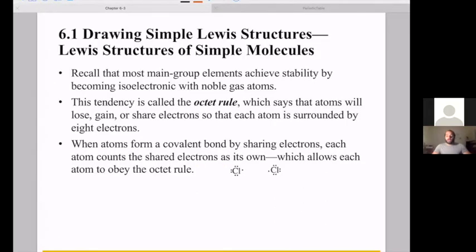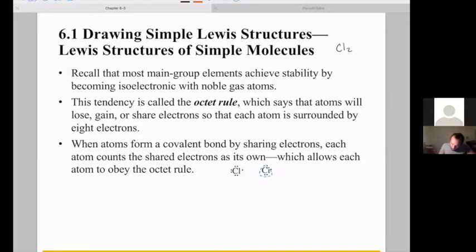Okay, so we can use the Lewis structure of the chlorine atom to understand why chlorine likes to form a Cl2 molecule, where 2 chlorine atoms are actually bound to one another. The reason is because you have these 2 chlorine atoms, each with 7 valence electrons.